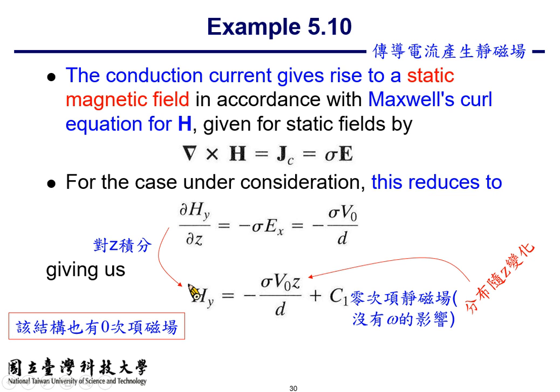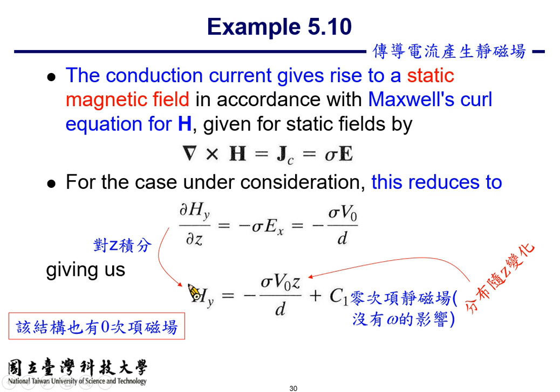As a result, you have minus sigma V sub 0 z divided by d plus a constant term C1. Take another look at this equation. It is the zeroth order term. Why? Because there is no dependence on omega, so it's invariant to the frequency.